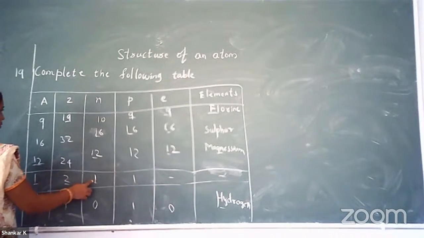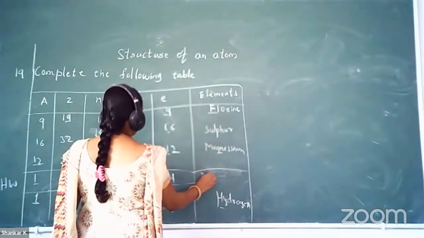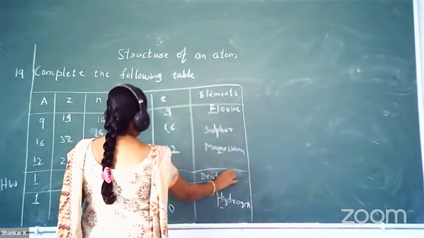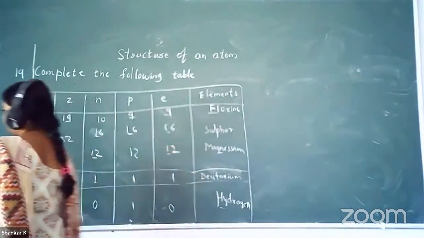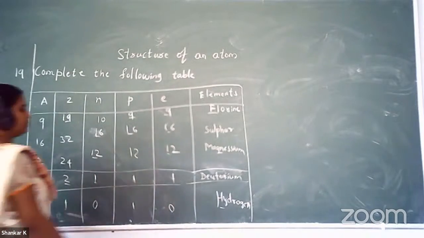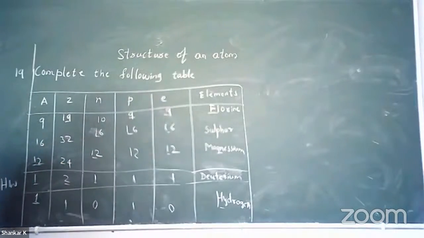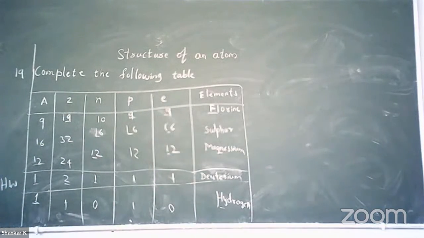Neutrons, 2 minus 1, 1. So we call it deuterium. So this is the table. All of you complete your textbook, students.